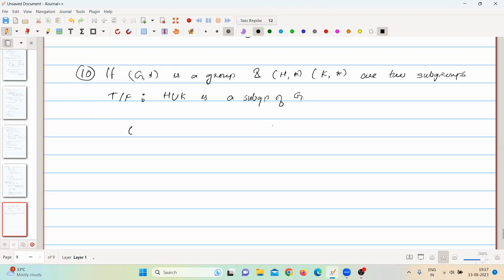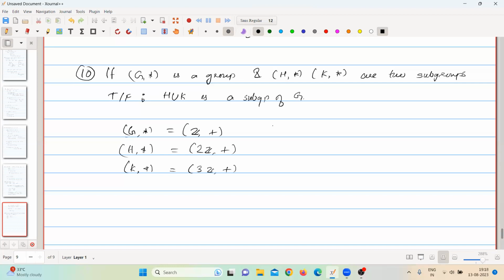So let us take G equal to G star, meaning Z under addition. Z is our integer group under addition. And I am taking H, a subgroup, as 2Z under addition and K as 3Z under addition.